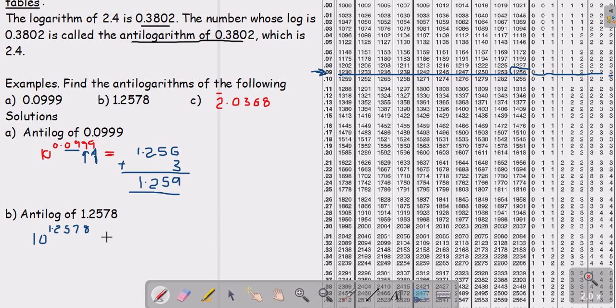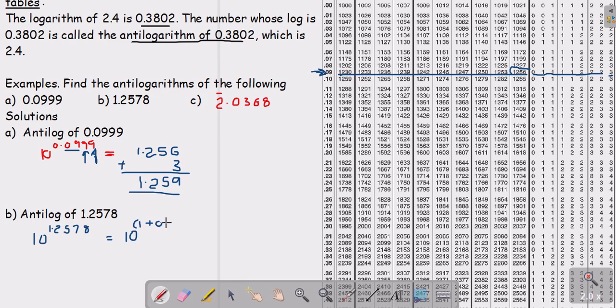So in this one it is slightly different from the first one in part A. Why? Because this one has a whole number. In that power of 10 there's a digit 1 point. So we separate the whole number part from the fraction part.